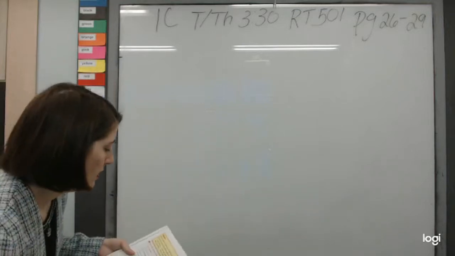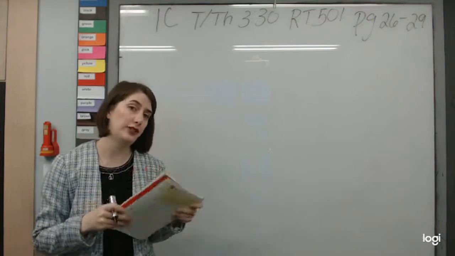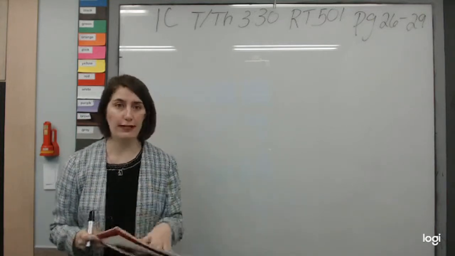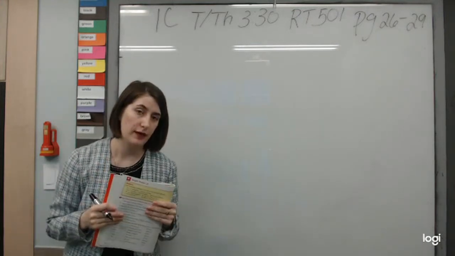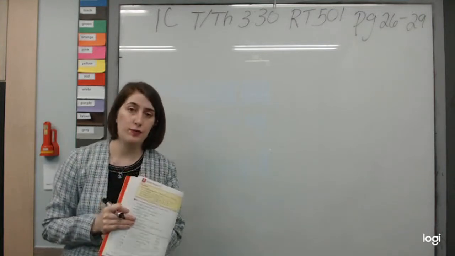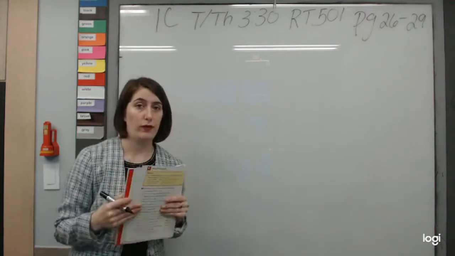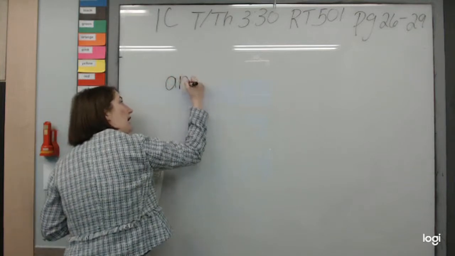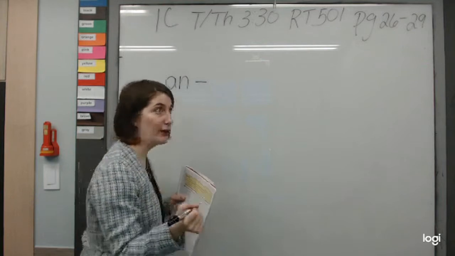All right. Now, before we begin, this is very tricky for a lot of you guys, especially even older writers, because we are going to begin using articles in our sentences. Now, we have used articles before, but this is to give you more practice. So, with articles, remember, an only goes in front of vowels.